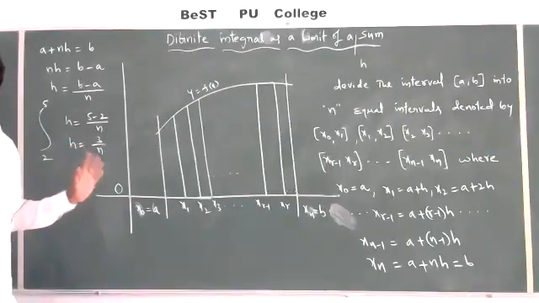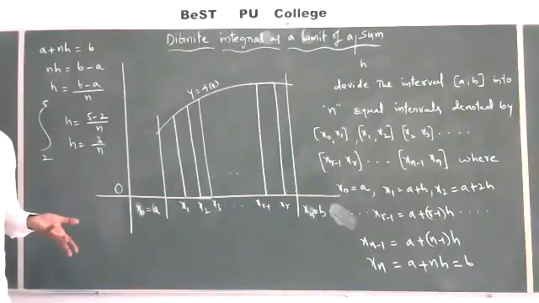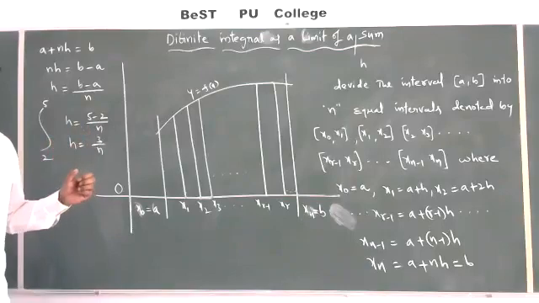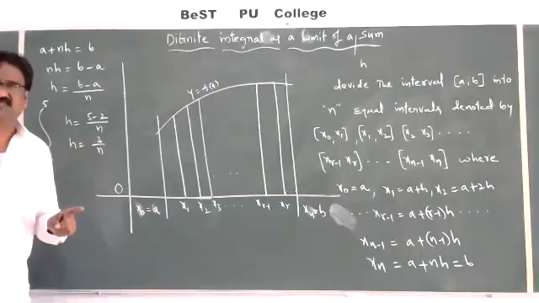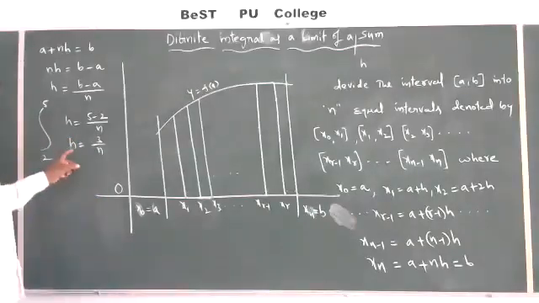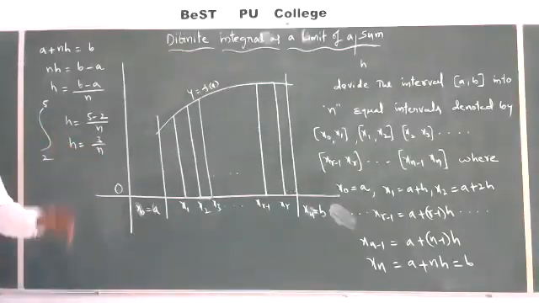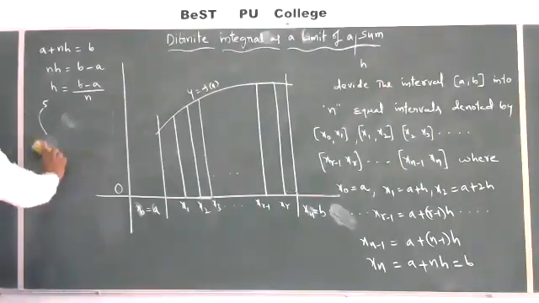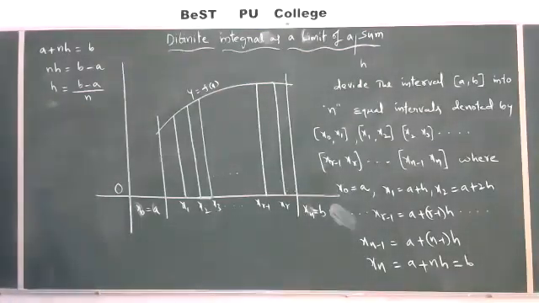How many intervals can you separate? For example, if you separate 5 intervals, h is 3 by 5 units. If you separate n intervals, h is equal to 3 by n. That is, h is equal to (b minus a) by n.